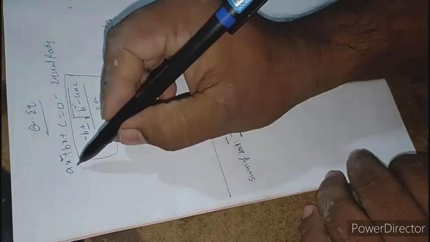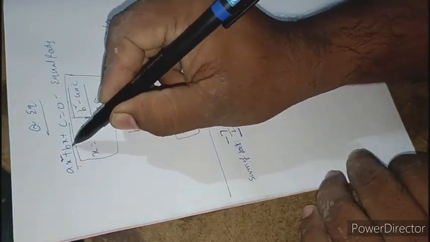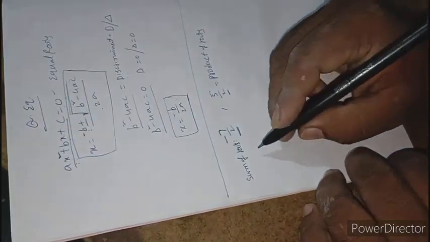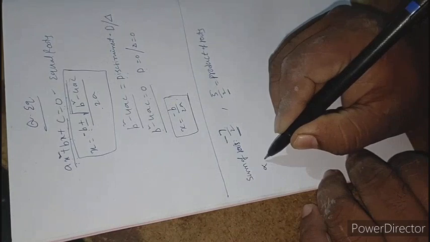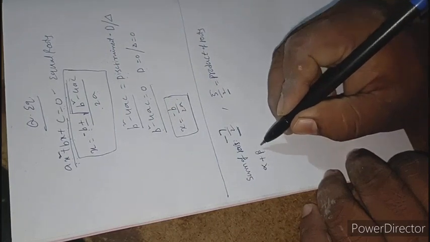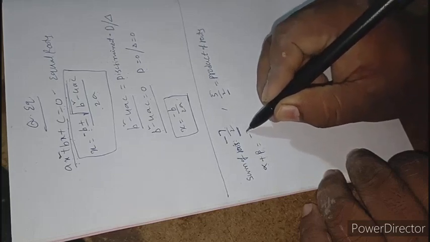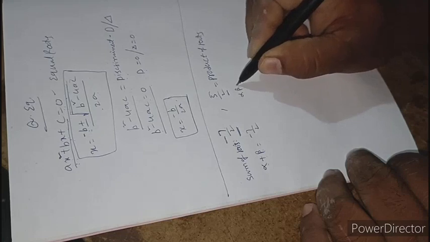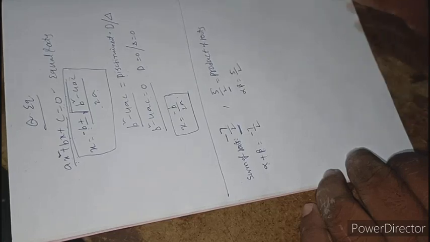Say for example, the quadratic equation ax square plus bx plus c equals 0 has 2 roots. Say one root is alpha and another root is beta. The given sum of the roots is alpha plus beta equals minus 7 by 2. The product of the roots, alpha into beta, equals 5 by 2.